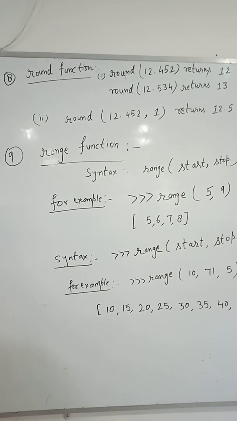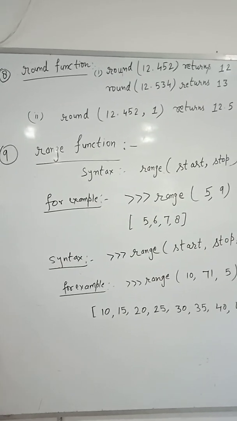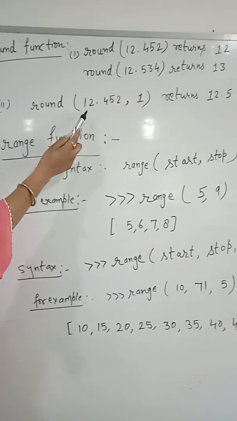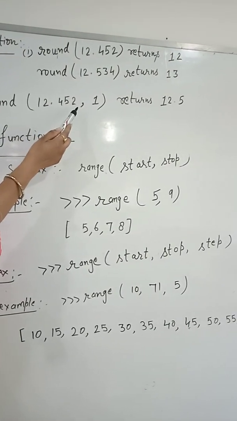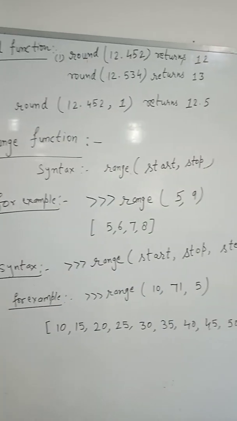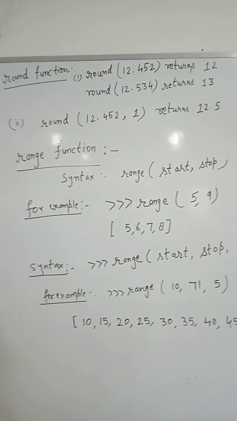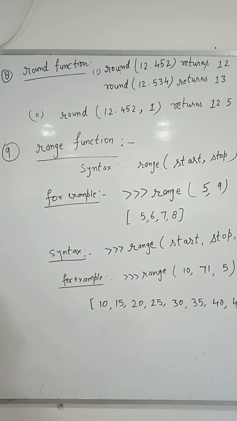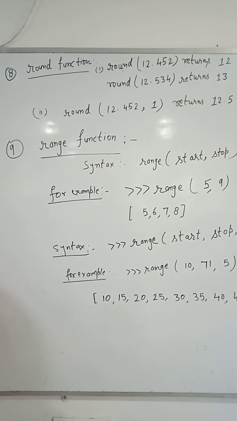So it will round off the 12.5, that will be 13. Okay students. In the next example of the round function, you can see here round(12.452, 1). It will return the output 12.5. Up to position 1, it will round off the data. So this is the working of the round function in built-in functions.